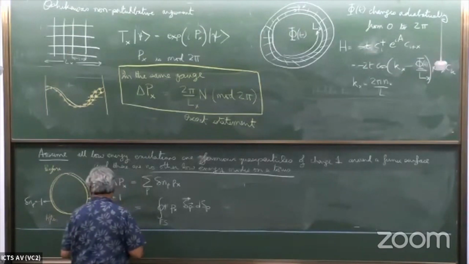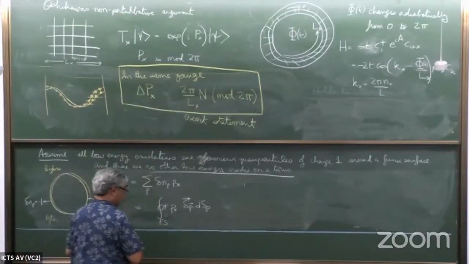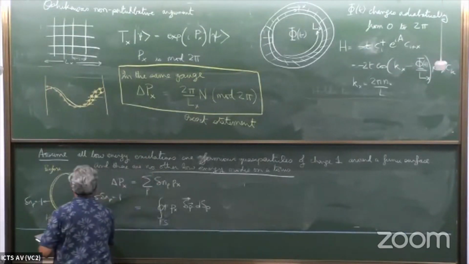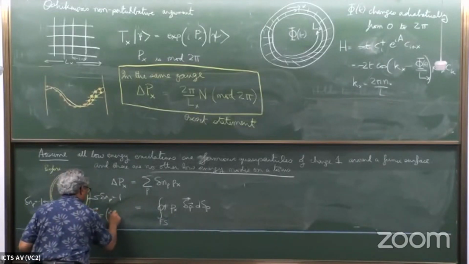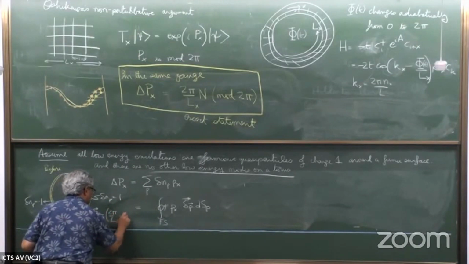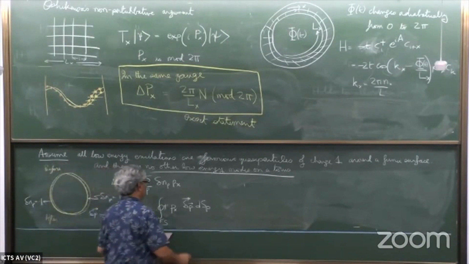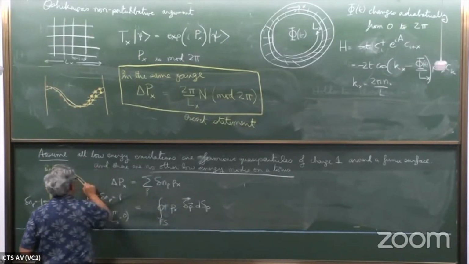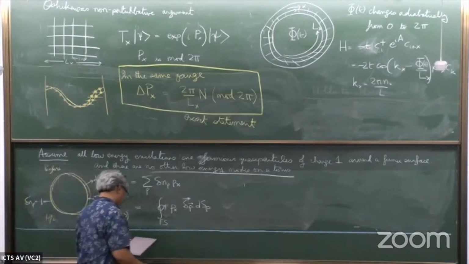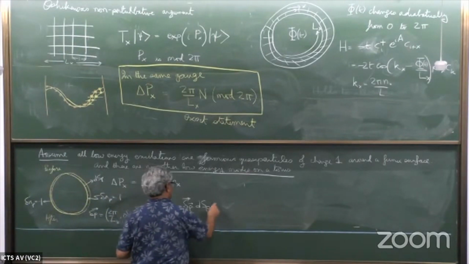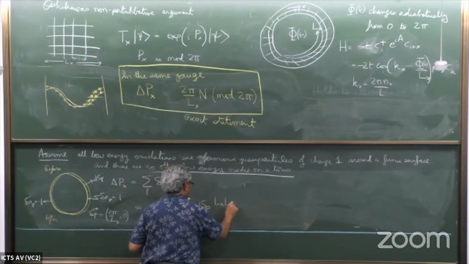Delta p is a vector which is 2 pi over Lx. Okay, here delta p, that's not in the notes. Dot dsp, where dsp is the normal here. Okay, times the phase space volume, which is Lx Ly over 4 pi squared.